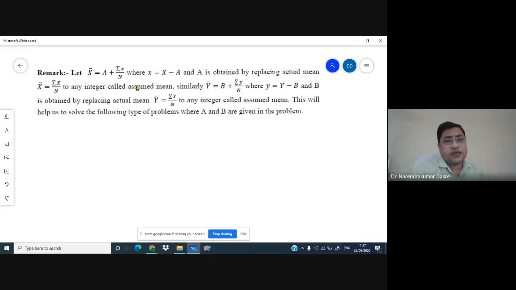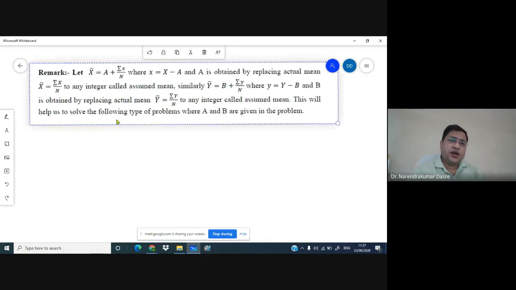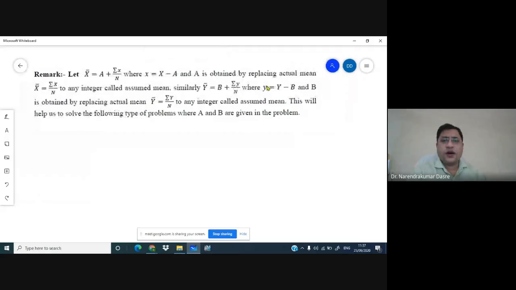Up here we considered it as a mean deviation. Here capital A is an assumed mean, and capital B is an assumed mean for the Y series. Using these two equations, X bar is equal to and Y bar is equal to, we are able to find out the summation of small x and summation of small y.